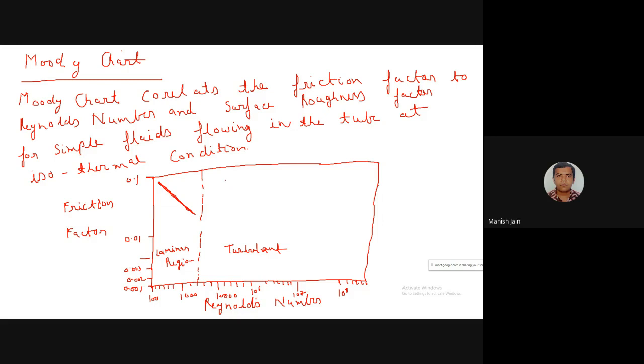Then in the turbulent region, you have several curves. This is curve number 1, then curve number 2, then curve number 3, then curve number 4. In this way, you have several curves.